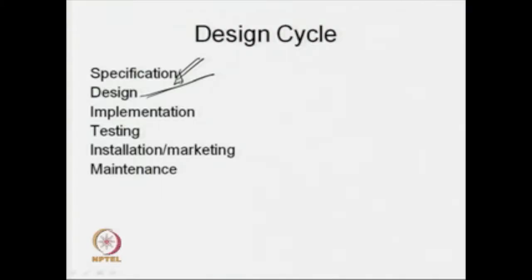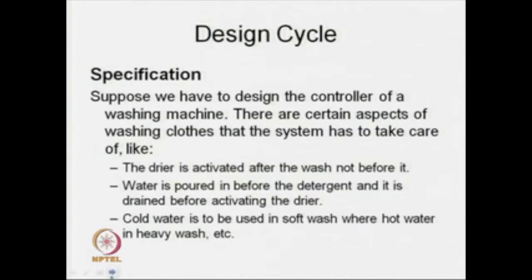That means, as a designer, we are going to design a device, and for that we have some intention. My design should satisfy some specification. First of all, we have to give this specification. Just to give a brief idea of what we do in specification and where it comes from, we will give an example.